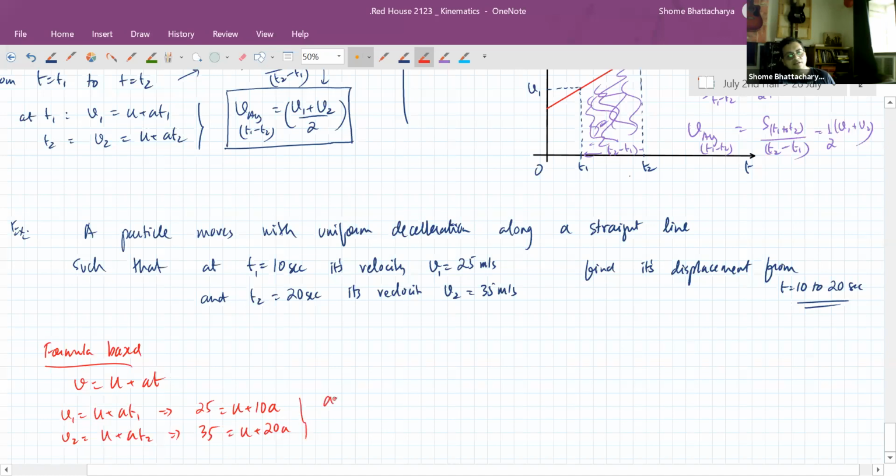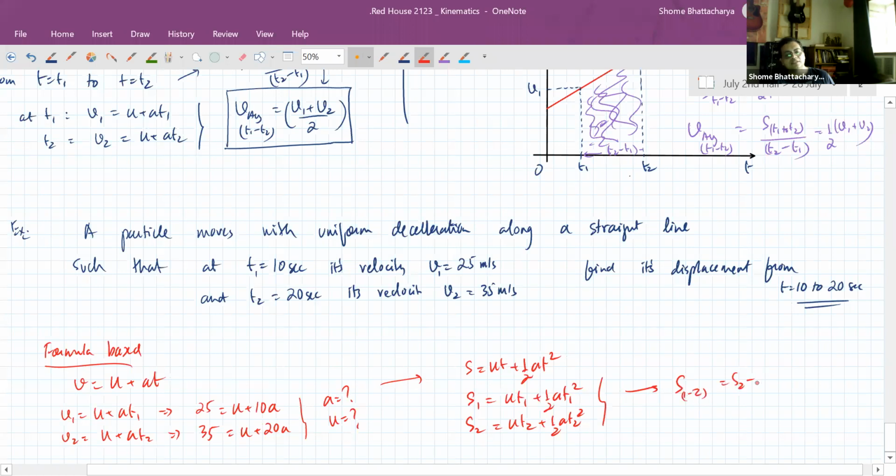So from this, I would have calculated how much a is and how much u is. Okay. And then I would have seen that, okay, s is equal to ut plus half at square. So I would have calculated s1 as ut1 plus half at1 square. I would have calculated s2 as ut2 plus half at2 square. Then I would have calculated s from 1 to 2 as s2 minus s1.